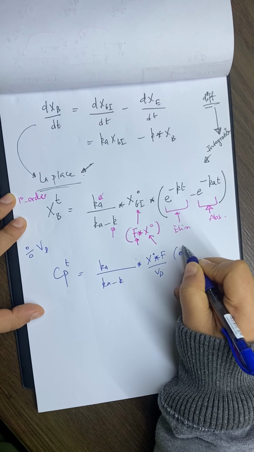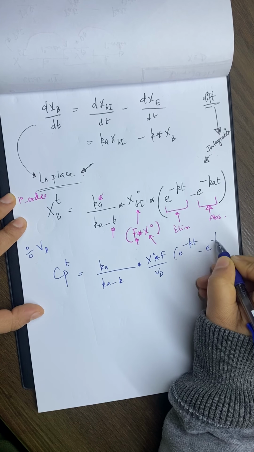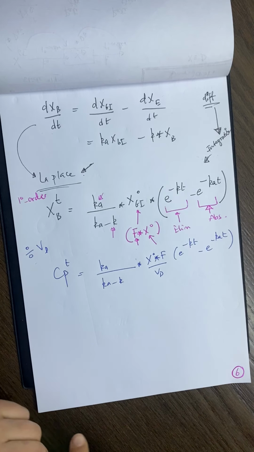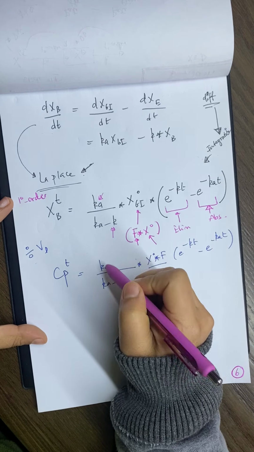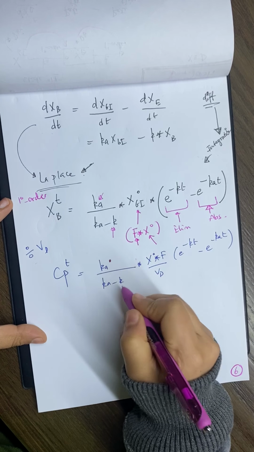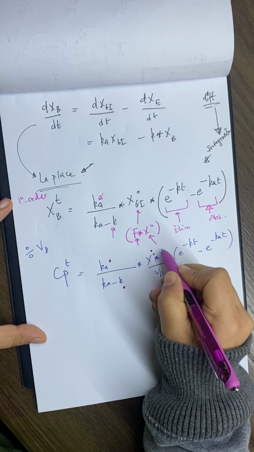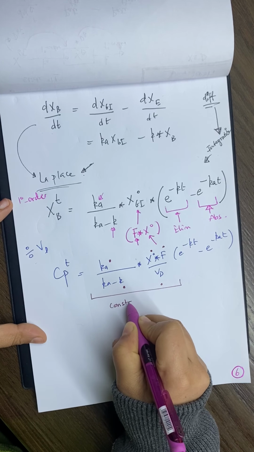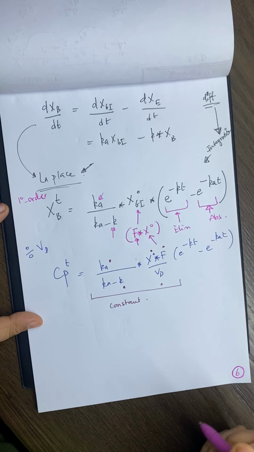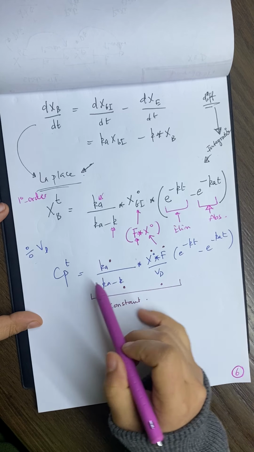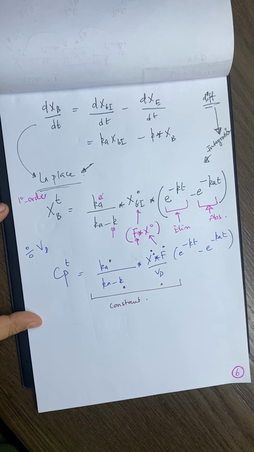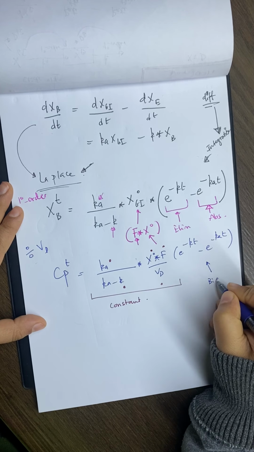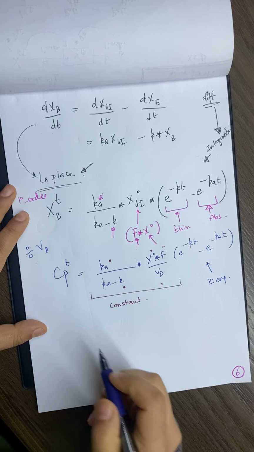I divided the equation already. Again, if you notice, we have this, this, and this as what? Constants. So the whole term consists of different constants that we have, and we have two exponential terms here.